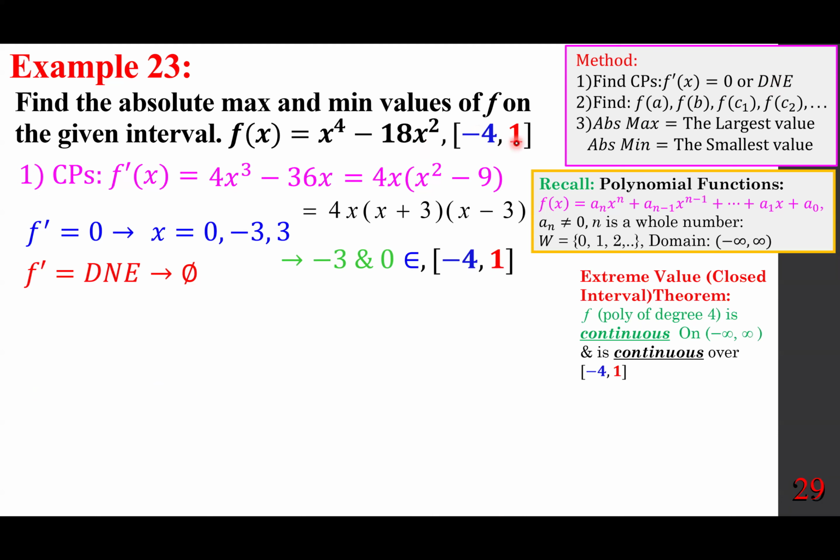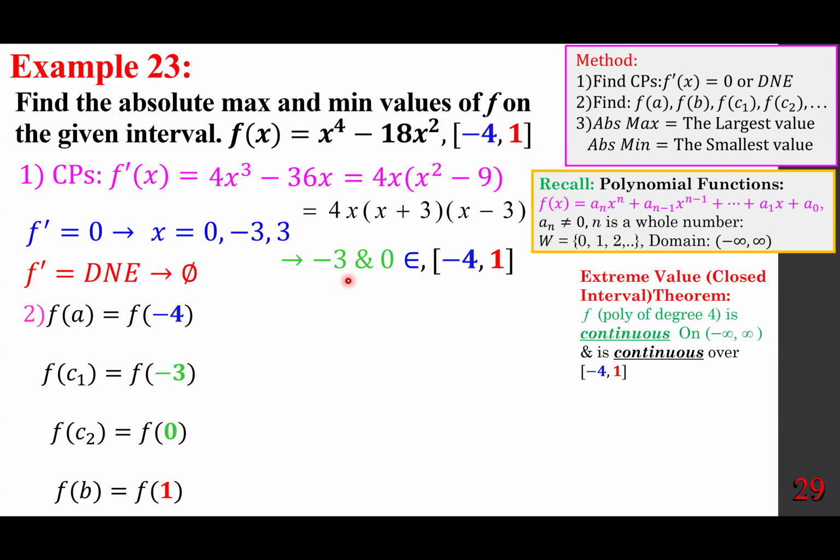So we evaluate the function at the endpoints and on these two. So that means you just plug in. Negative 4 to the power of 4 is really 16 times 16. This is minus 18 times 16. So it gives you minus 32.